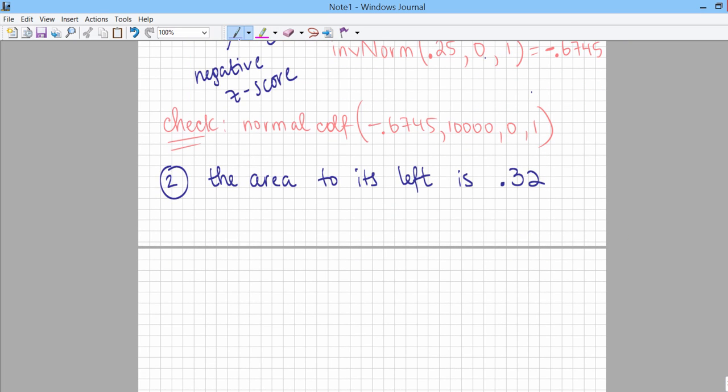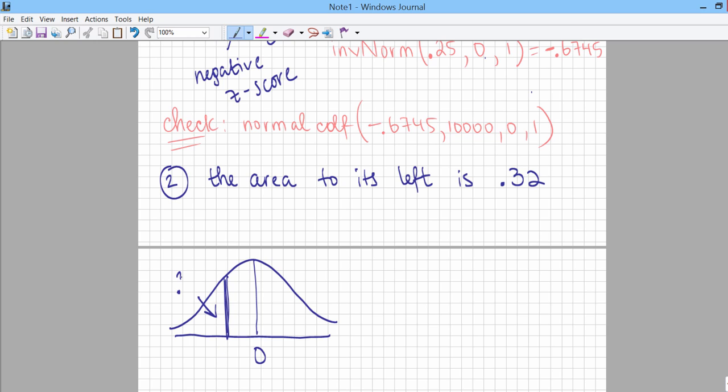Okay, let me go ahead and make a picture. The area to its left is 0.32, so I know it should be somewhere here, right? Again, this is just a rough sketch. So 0.32, it's less than 1/2.